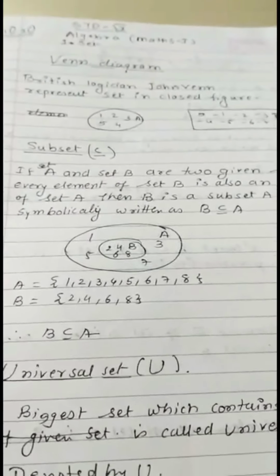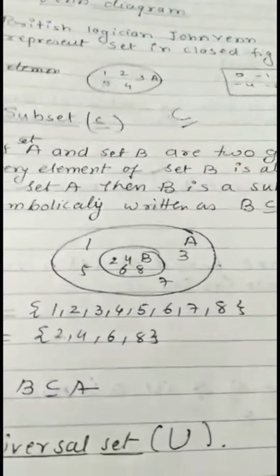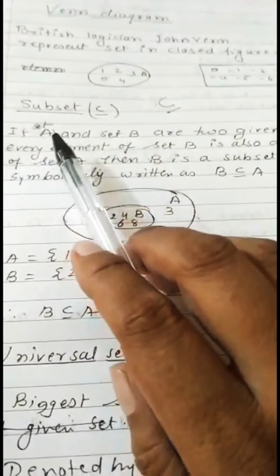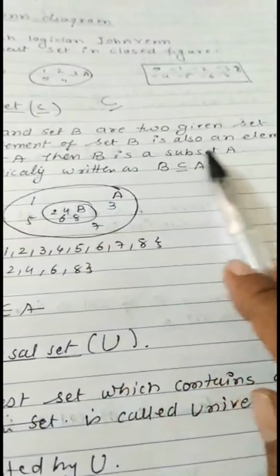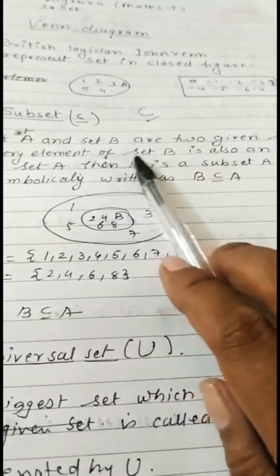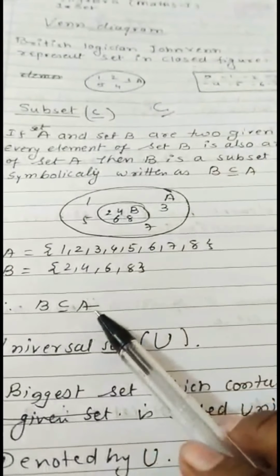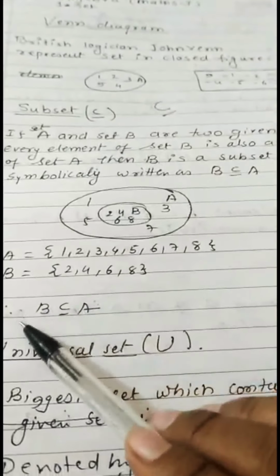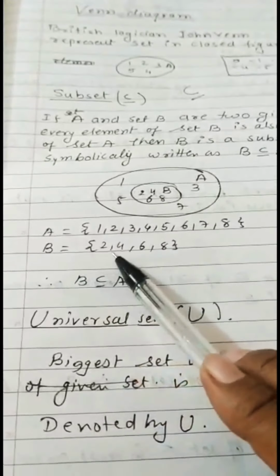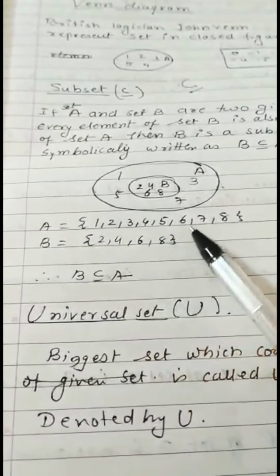So what is a subset? A subset is denoted by this symbol, C underlined. A subset means if set A contains all the elements of B, then B is called a subset of A. Here, if you observe, the elements of B are 2, 4, 6, 8, and A has the elements 1, 2, 3, 4, 5, 6, 7, 8.